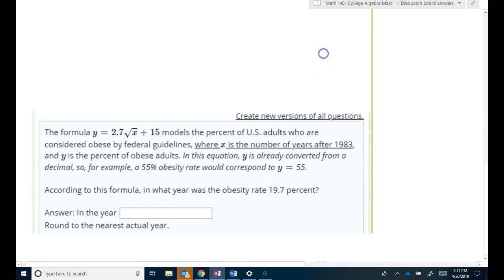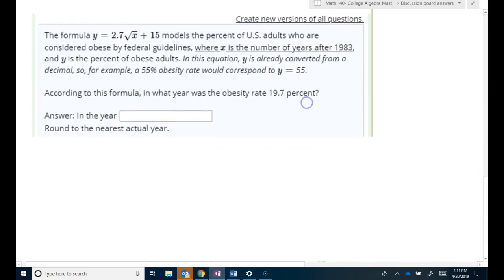Okay, let's try another one. Suppose that the formula y equals 2.7 root x plus 15 models the percent of U.S. adults who are obese by federal guidelines. Well, that tells me it models the percent of U.S. adults who are considered obese by federal guidelines.